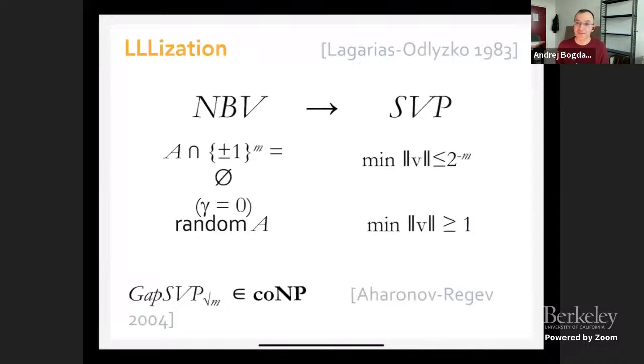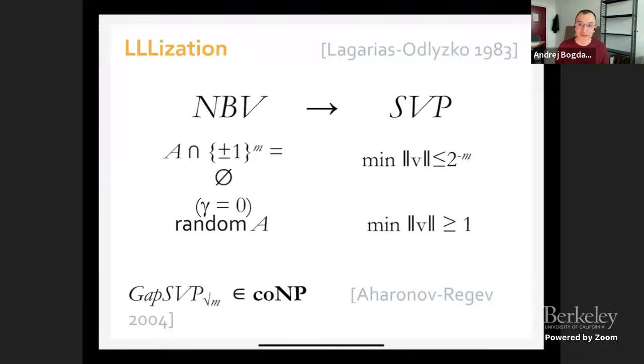So perhaps what is happening here is that it can be reduced directly to the shortest vector problem, and maybe one can obtain even better and more efficient certificates using a direct reduction than going this roundabout route through cryptography. So as I said, it's inconclusive, but it's still work in progress.